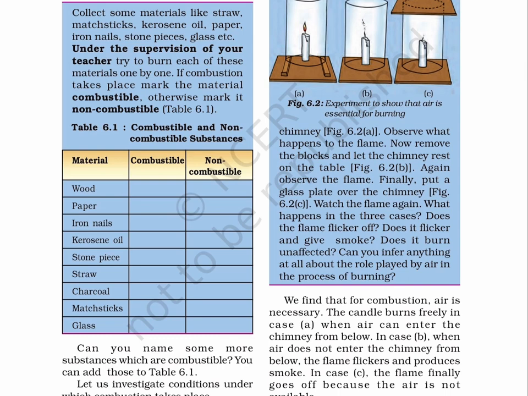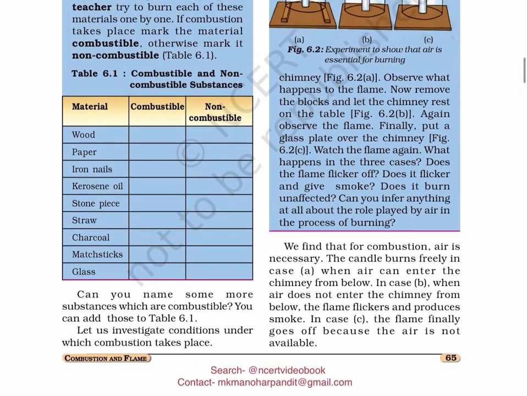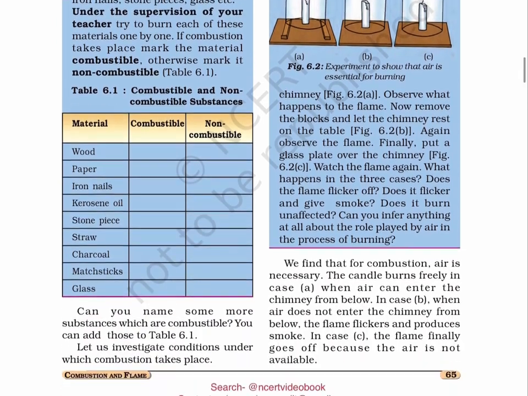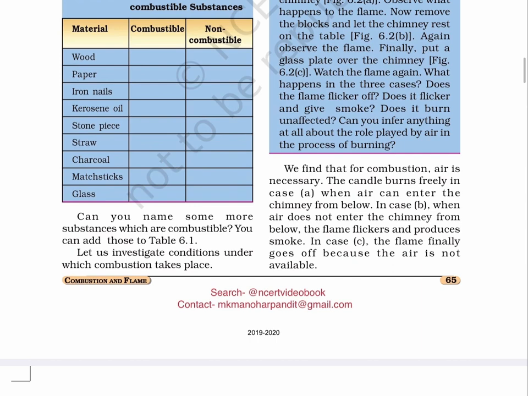What happens in the three cases? Does the flame flicker off? Does it flicker and give smoke? Does it burn unaffected? Can you infer anything at all about the role played by air in the process of burning? Figure 6.2, with the help of images A, B and C, shows the experiment to prove that air is essential for burning.